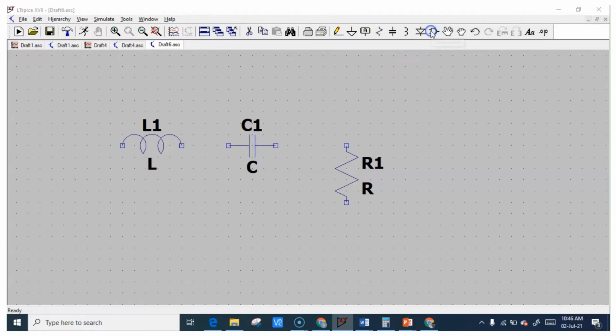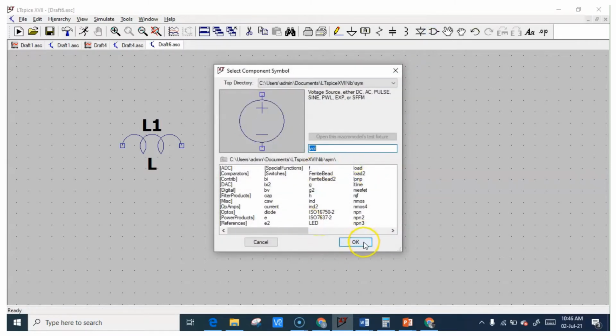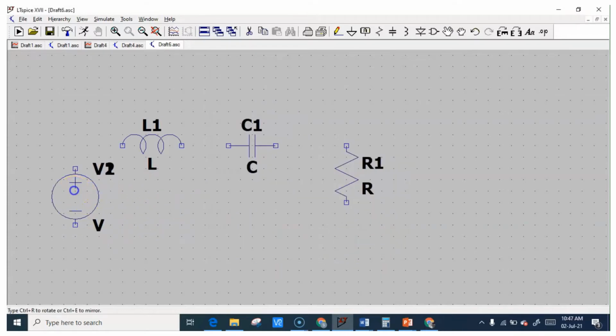And we have a voltage source. Let's connect the circuit using wire.